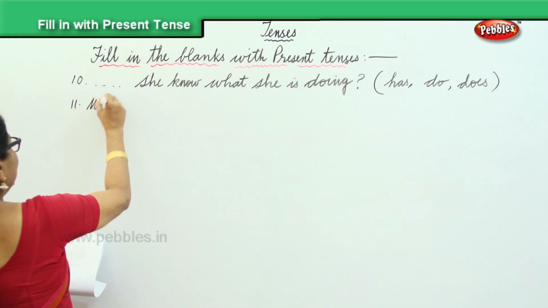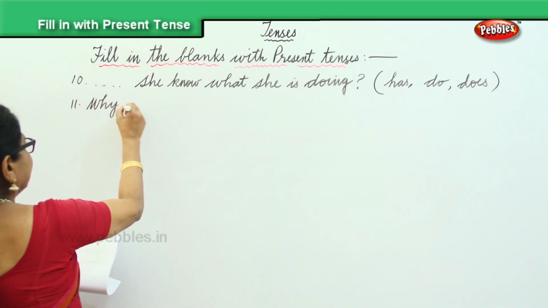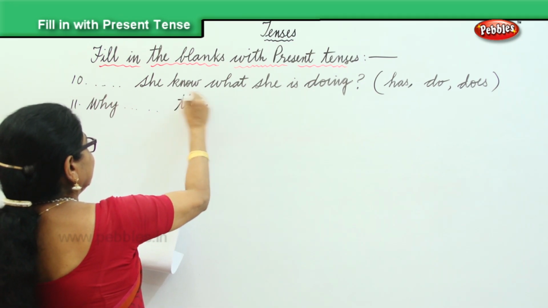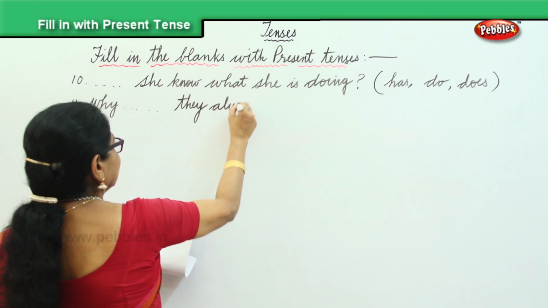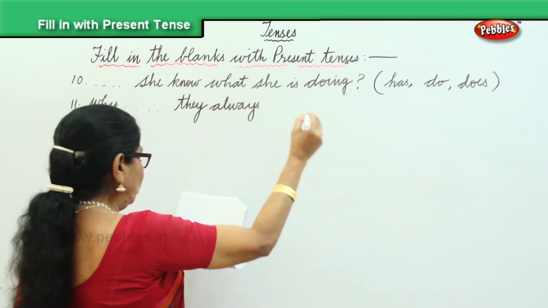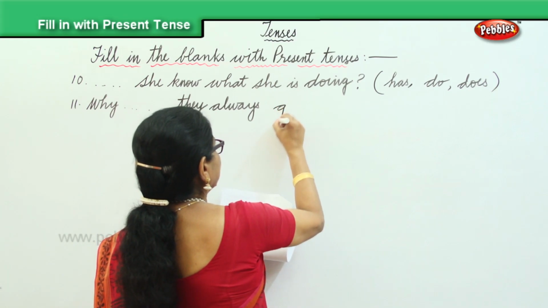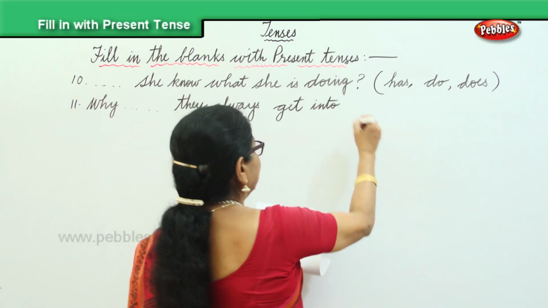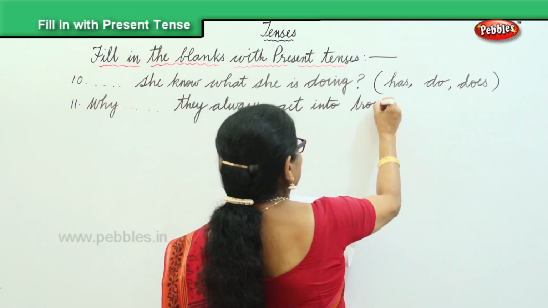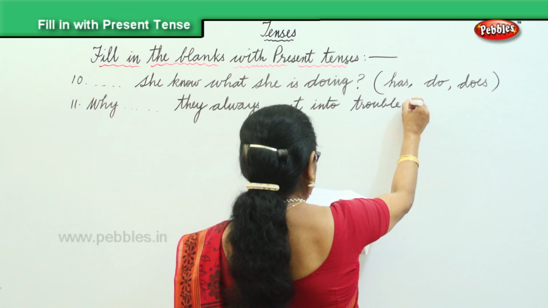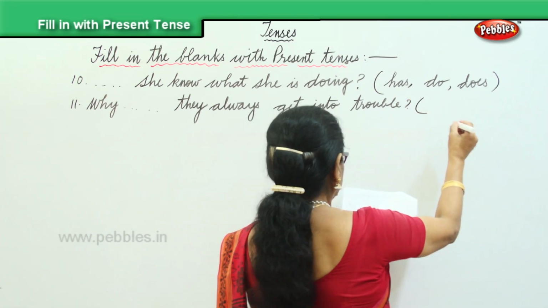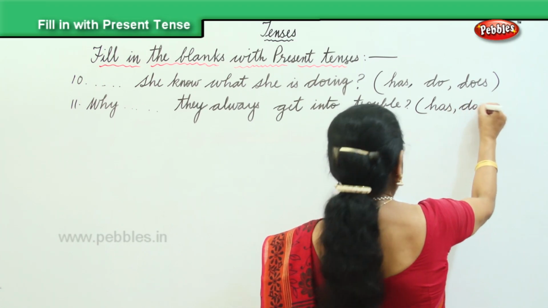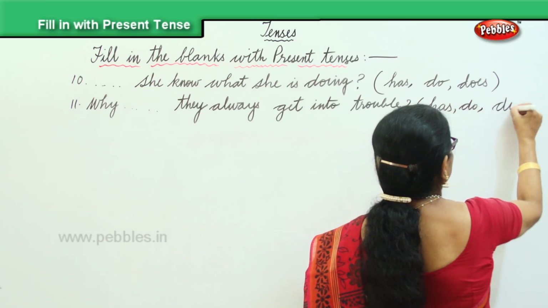Why dash they always get into trouble? Has, do and does. Choose from.